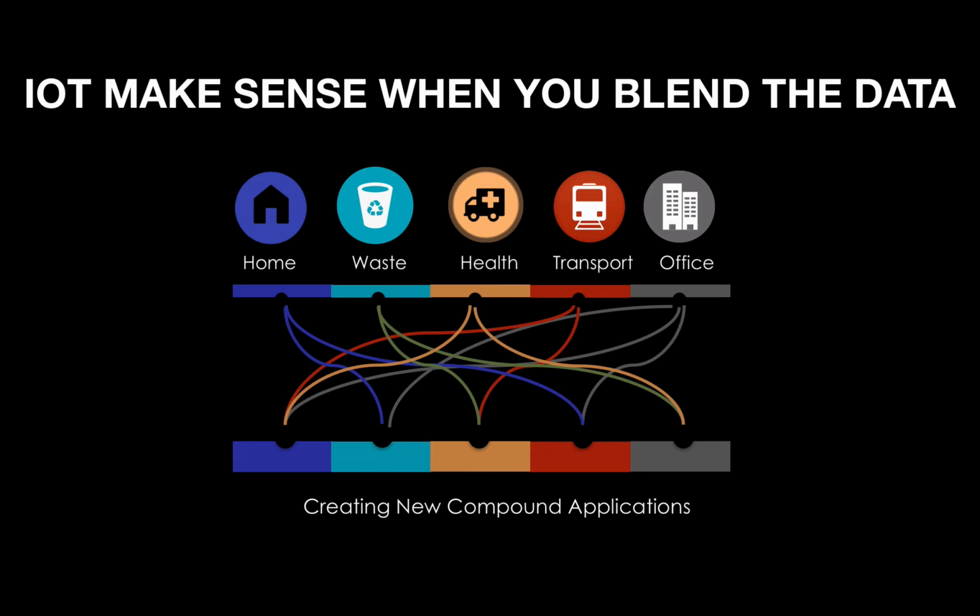When the ambulance takes a particular route, they will know the congestion issues of the city, where the best route is, and the fastest and easiest way to take the patient to the hospital. So with different sources of data, you can generate different kinds of applications. That's the beauty of IoT.